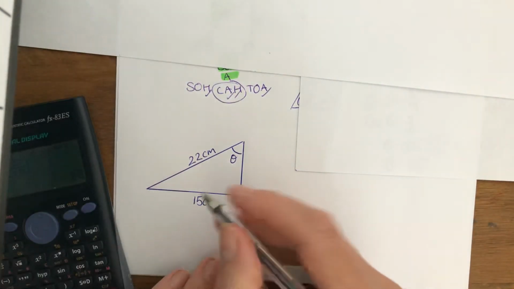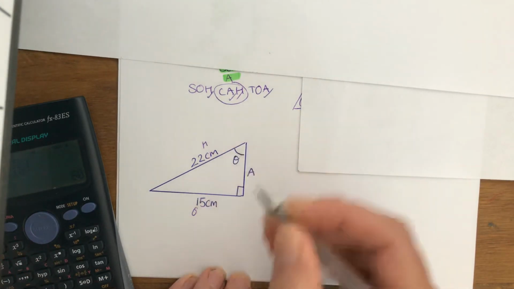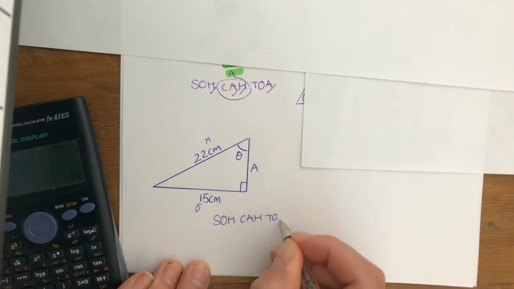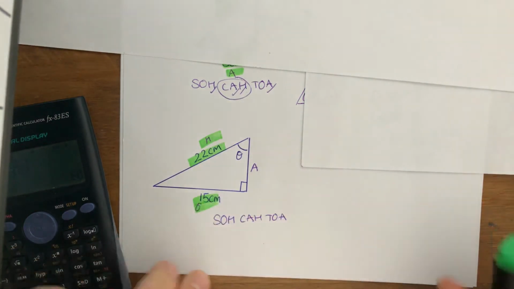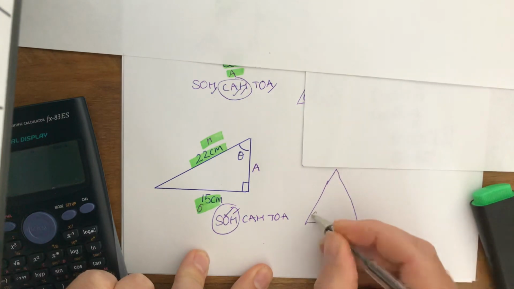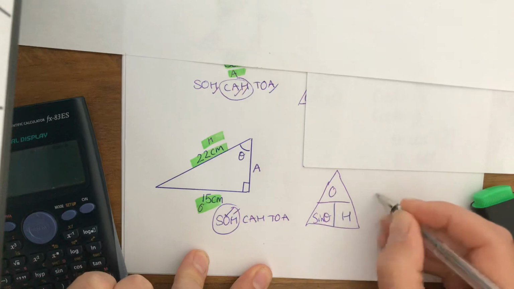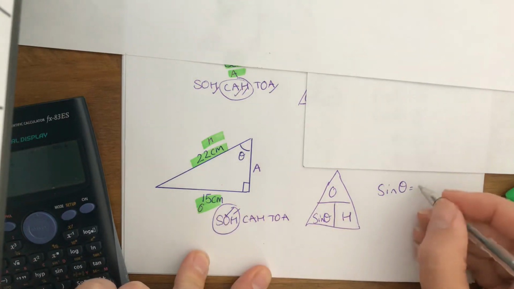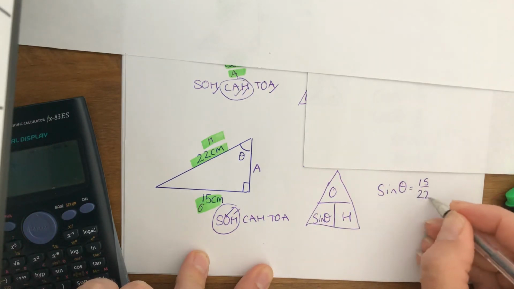One more. Opposite, adjacent, hypotenuse, SOHCAHTOA. The two that interest us are O and H, so this time it's sine. O and H are in sine. SOH, sine of the angle, is the opposite, which is 15, divided by hypotenuse, which is 22.